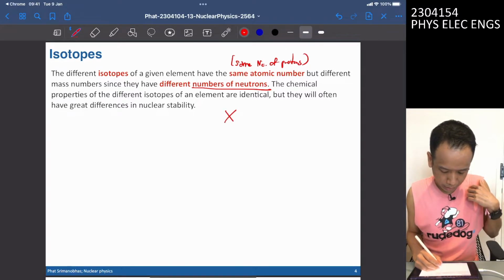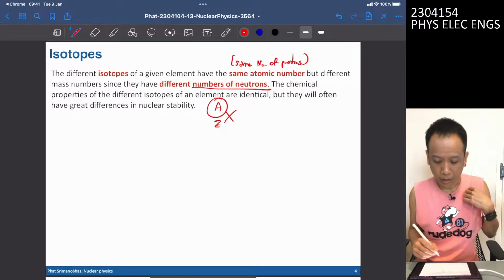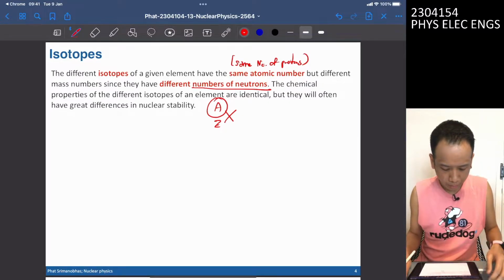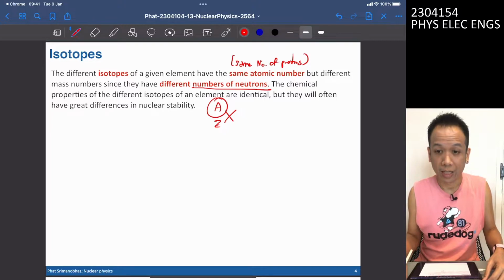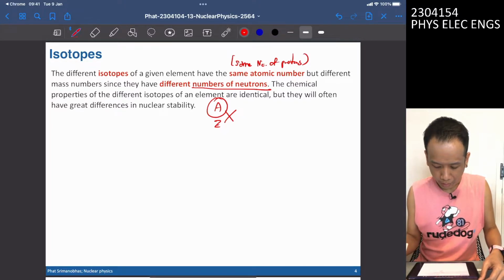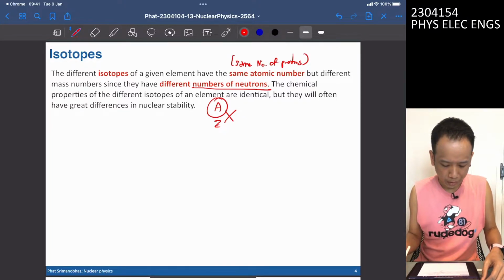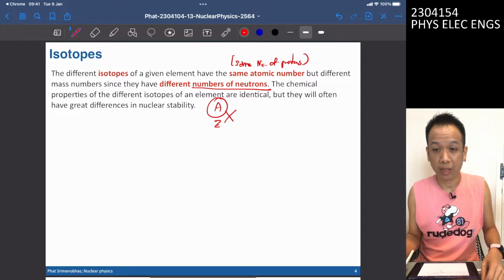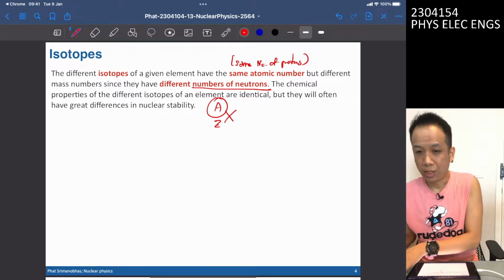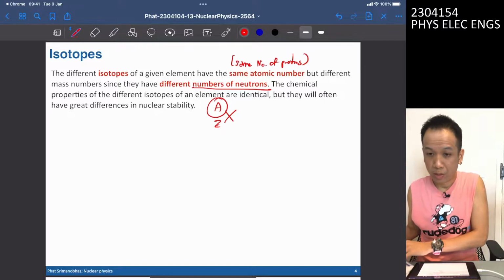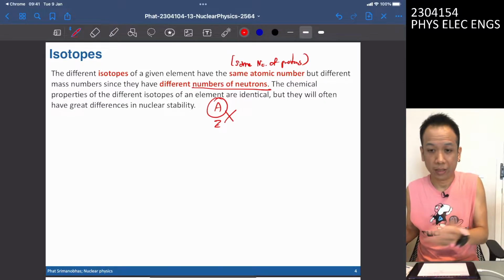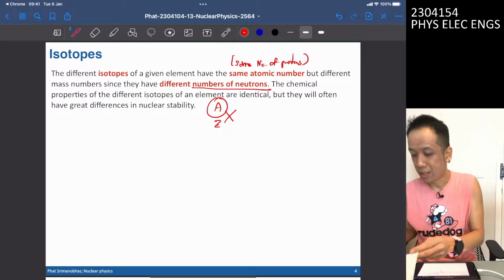So you have A, Z, X, and what is different is A. However, the chemical properties of the different isotopes are identical, but they often have a great difference in nuclear stability. Some may be more stable than others, and we're going to discuss that.